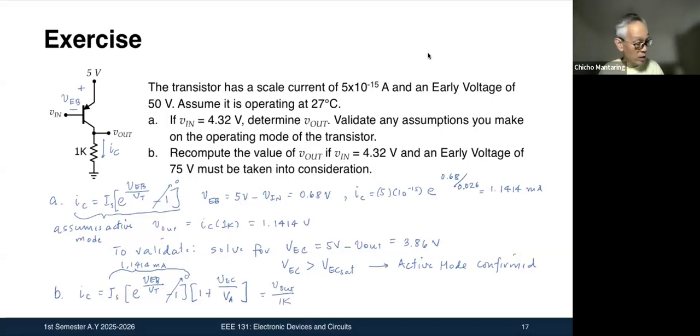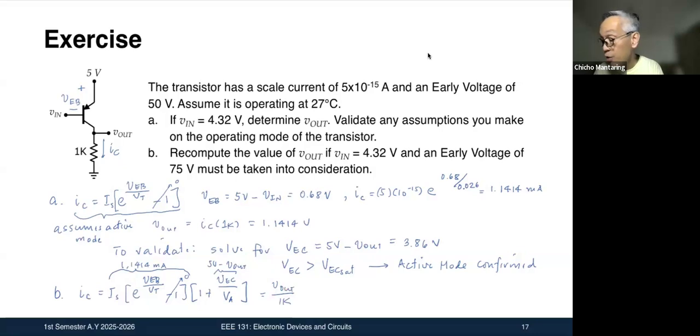And we also know that VEC is equal to 5 volts minus V out. And IC is V out over 1K. So if you take a look at this equation, you only have one unknown.